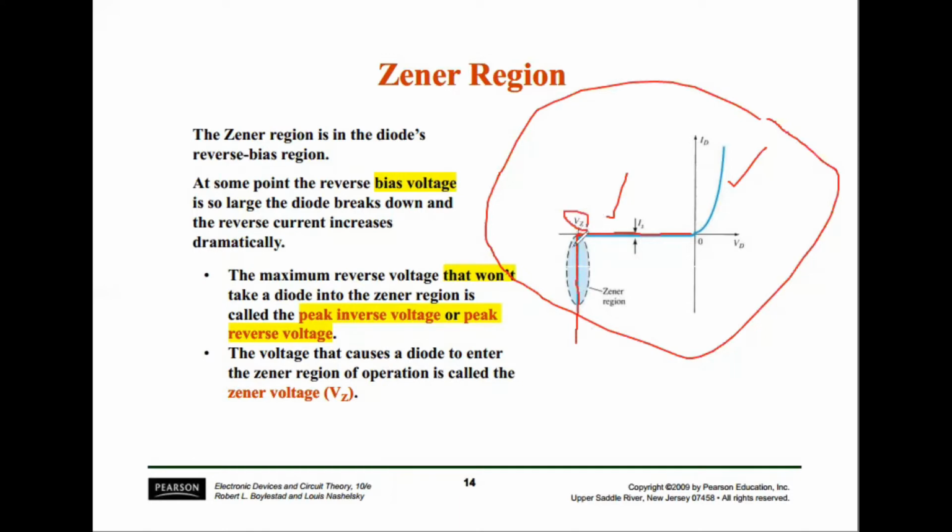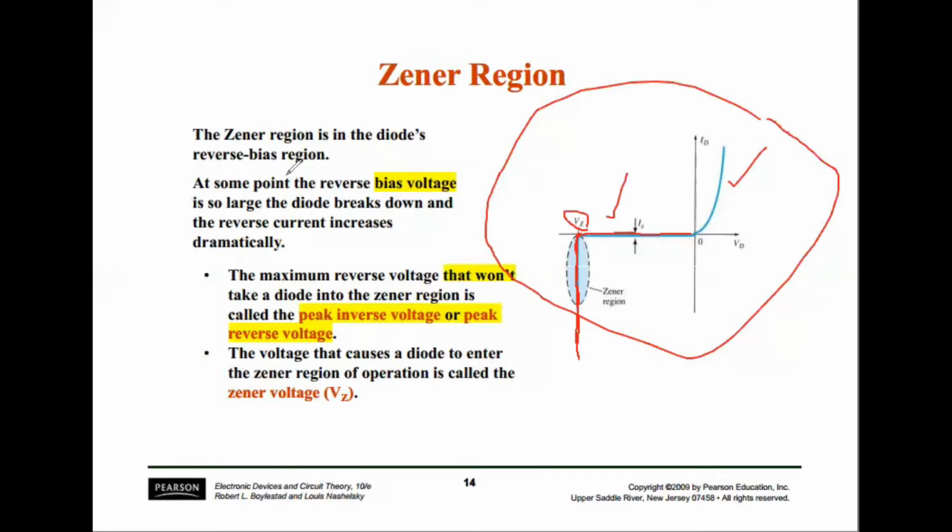This region where the current suddenly increases to infinity is called the Zener region, because now the Zener diode cannot bear the reverse voltage, and it will open the way, and all the charges will find their way towards the reverse direction. Okay, so that is the Zener region.